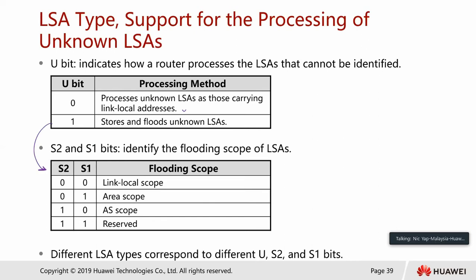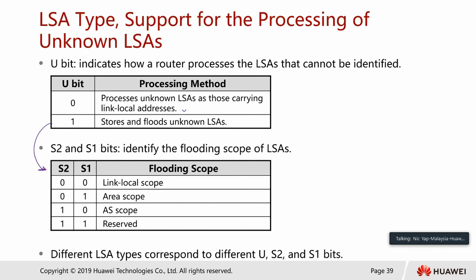So for S2, S1, I have 4 combinations: 0 0, 0 1, 1 0, and 1 1. It depends on the area that you are sending this information to. 0 0 is link-local, 0 1 is area scope, 1 0 is AS scope, and 1 1 is reserved.